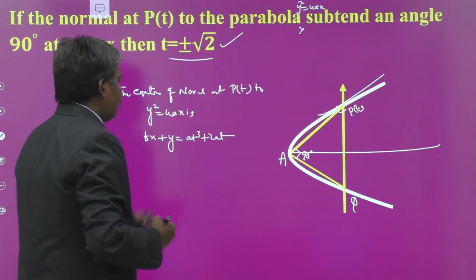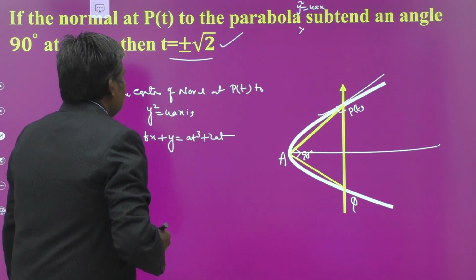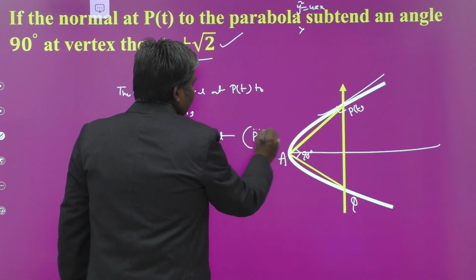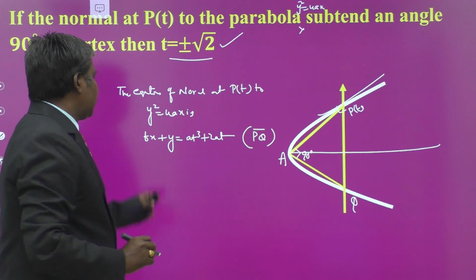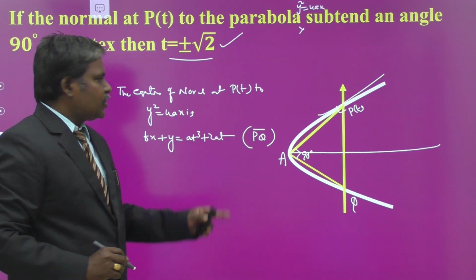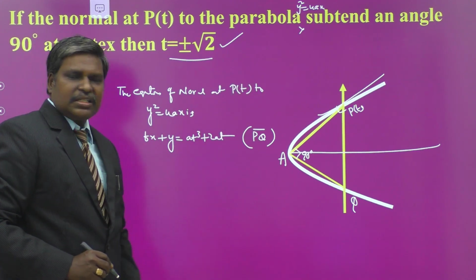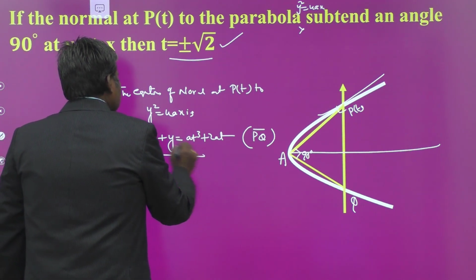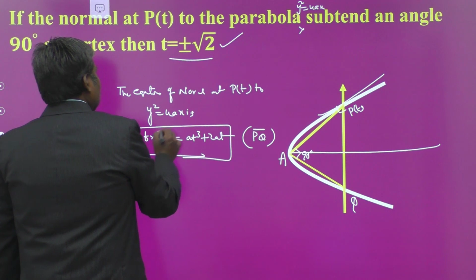This is the equation of normal at t. It intersects at Q, say, then it is the equation of PQ. Am I correct or not? Suppose the normal at P intersects the curve again at Q, then the equation of PQ is tx plus y equal to 2at plus at cube.